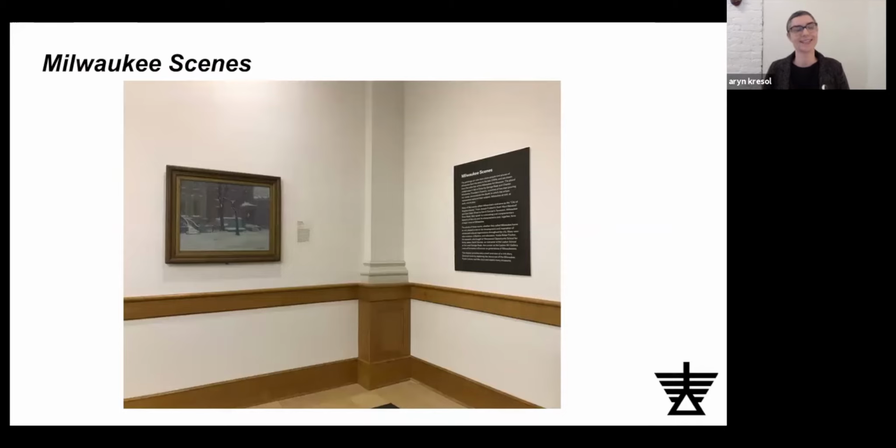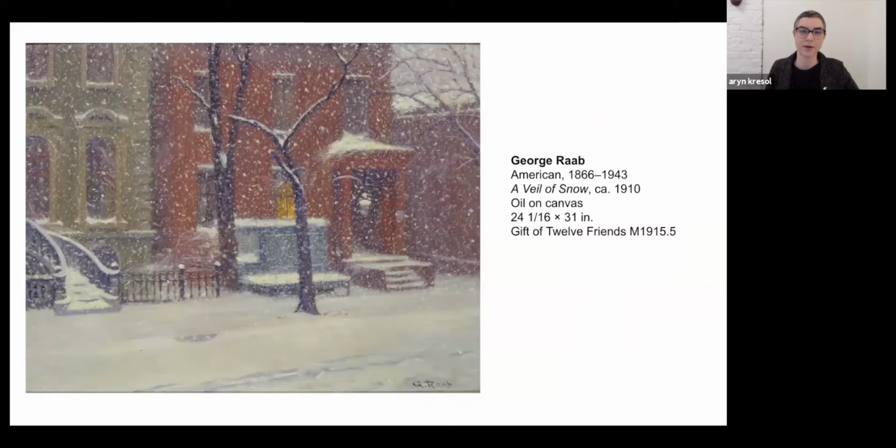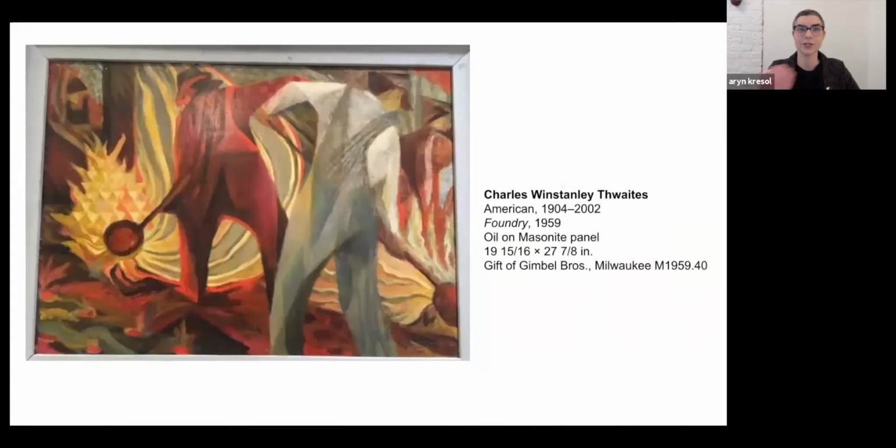So Milwaukee Scenes, like I said, the exhibition opened at the Milwaukee Public Library in January of 2020. The paintings on view in Milwaukee Scenes show people and places of Milwaukee from the early to the late 1900s. 2 examples from the exhibition: the placid winterscape, A Veil of Snow by George Robb from circa 1910, acquired in 1915, and Charles Winstanley Thwaites's Foundry, acquired in 1959.